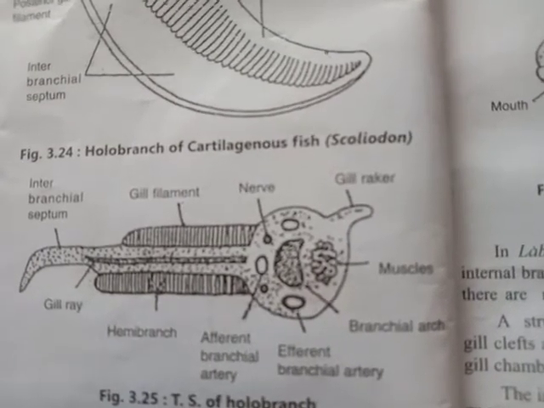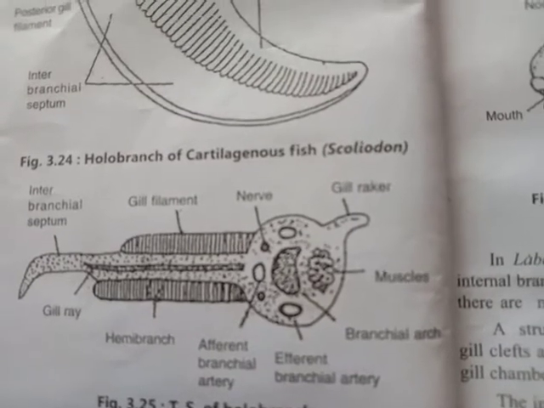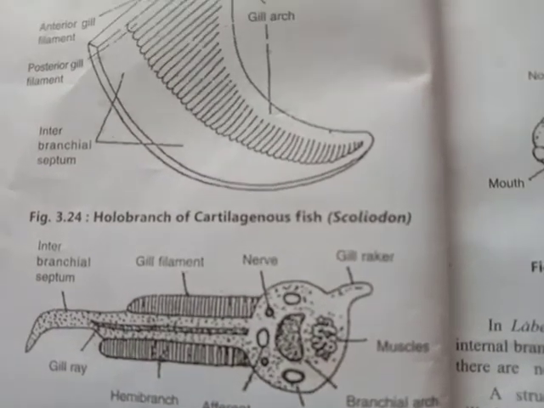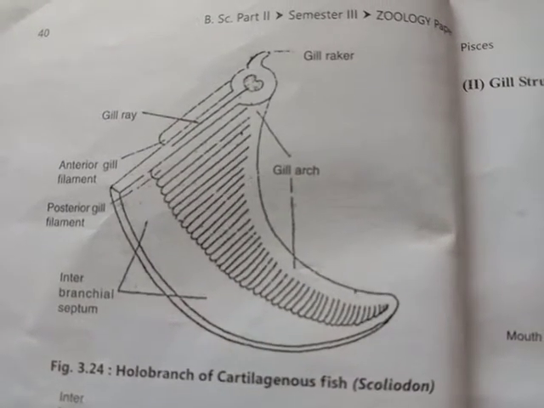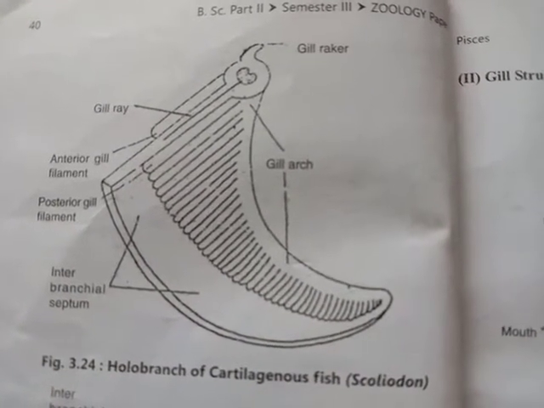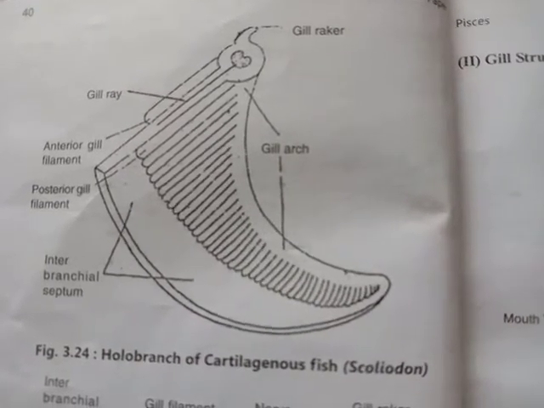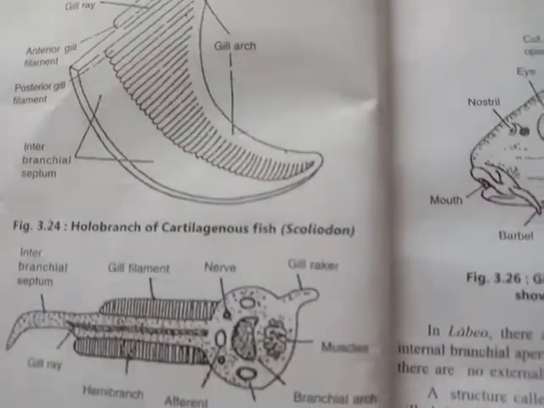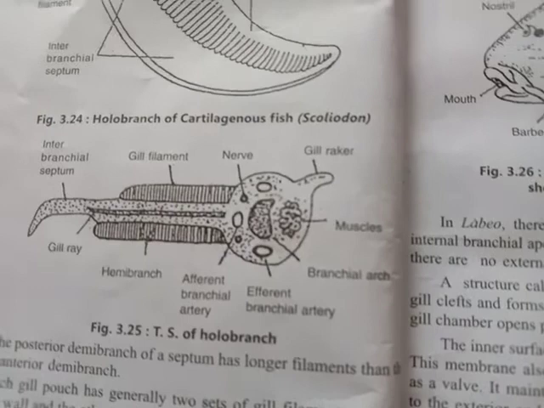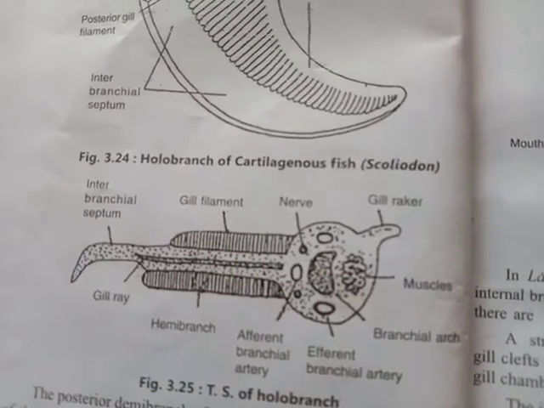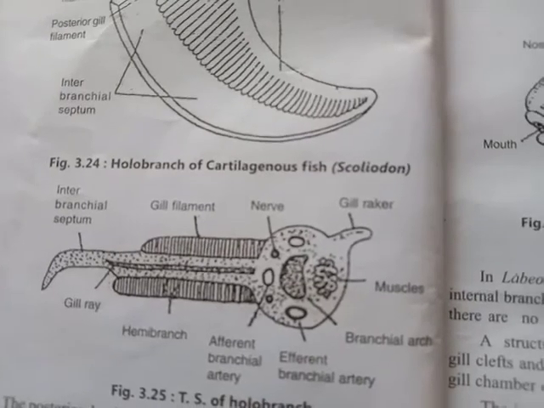The posterior demibranch of a septum has longer filaments than those of the anterior demibranch. Each gill pouch has generally two sets of gill filaments, one on its anterior wall and the other on its posterior wall.